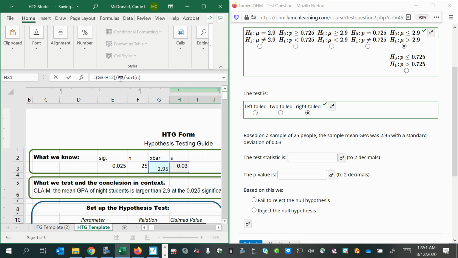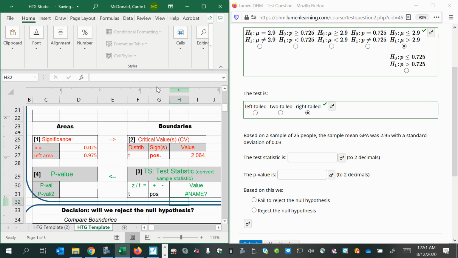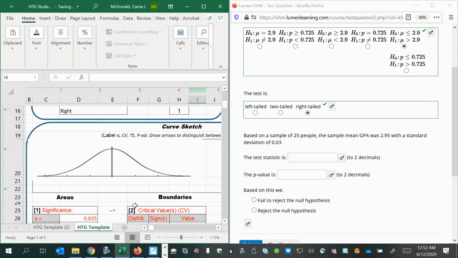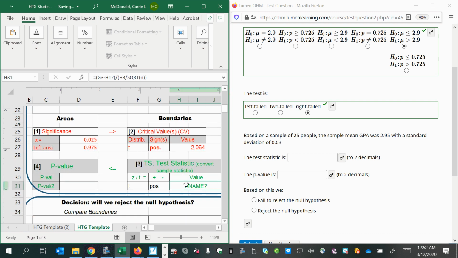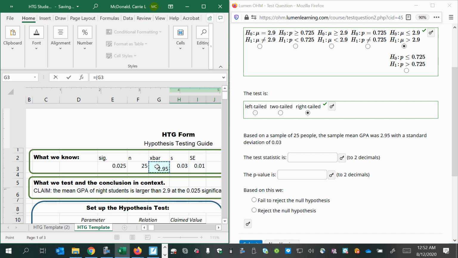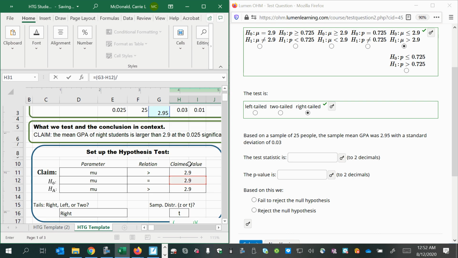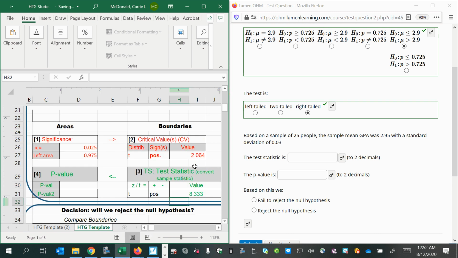If you don't want to mess with a bunch of parentheses, you can figure out your standard error first by just doing s divided by the square root of n. That way, when you calculate your test statistic, you can just do x bar minus the claimed mean divided by the standard error.